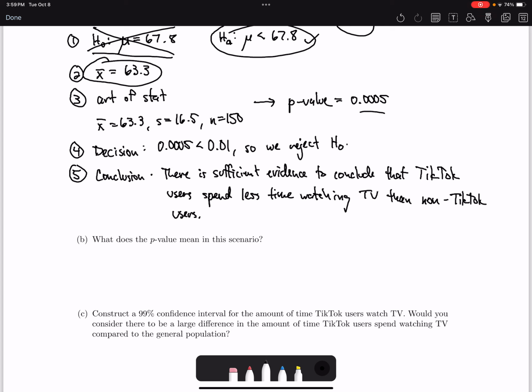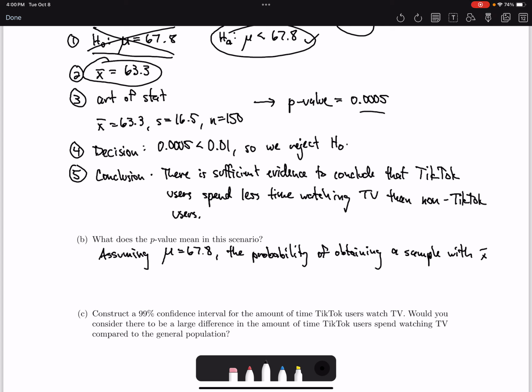So, assuming that the null hypothesis is true, in other words, that mu equals 67.8, the probability of obtaining a sample with a sample mean x bar of 63.3 or less, right?